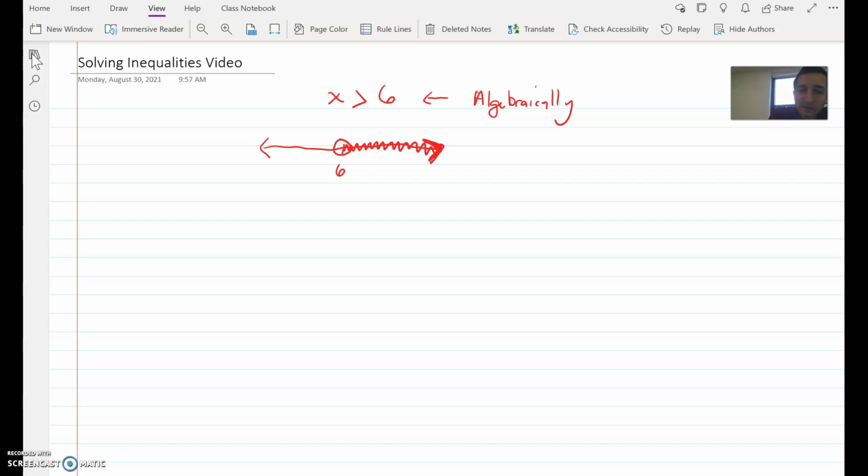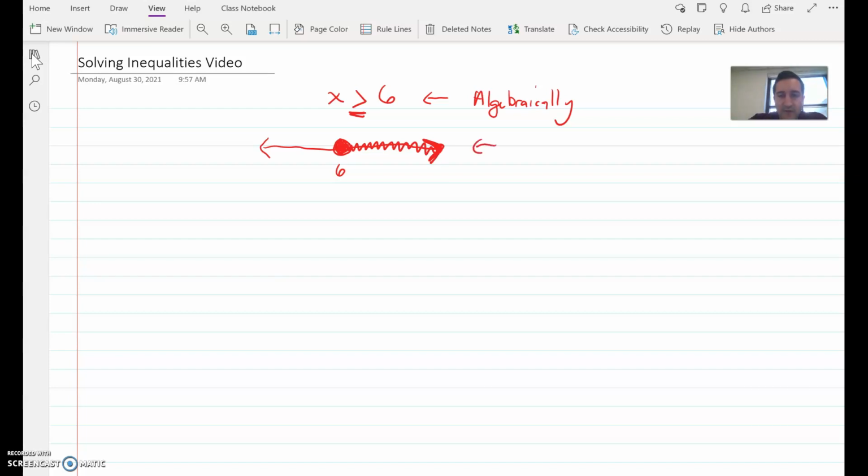If we said x is greater than or equal to 6, then we would need to use a different way to represent that. If we said or equal to, we would need to fill in that dot to show that 6 actually counts as a solution. That's a big thing, depending on if you're going to get the answer right or wrong. So x is greater than or equal to 6.